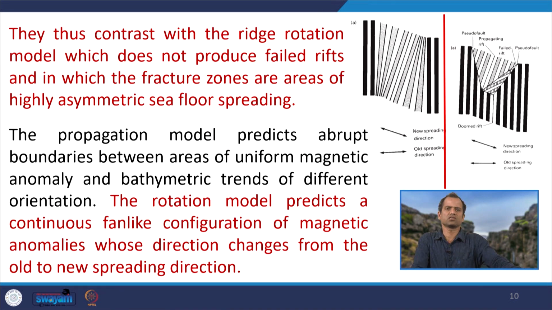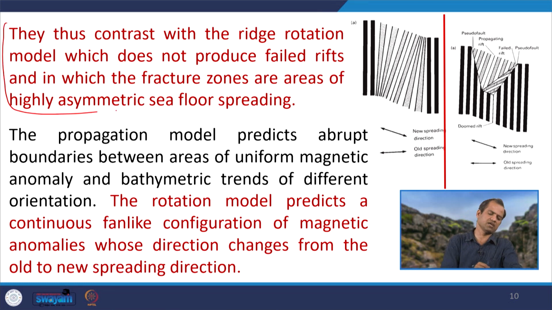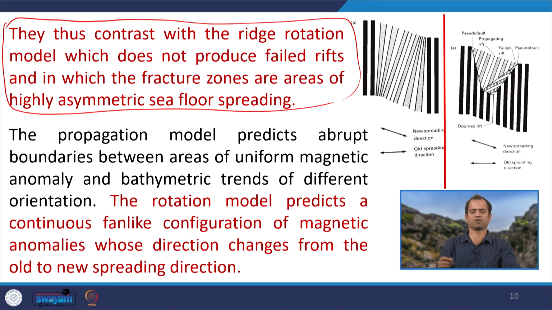This contrasts with the ridge rotation model, which does not produce failed rift and in which the fracture zones are areas of highly asymmetric seafloor spreading. So, this rotational model has certain flaws, that means it could not explain properly these observations, how this ridge is rotating and how the fracture zone areas are highly asymmetric.